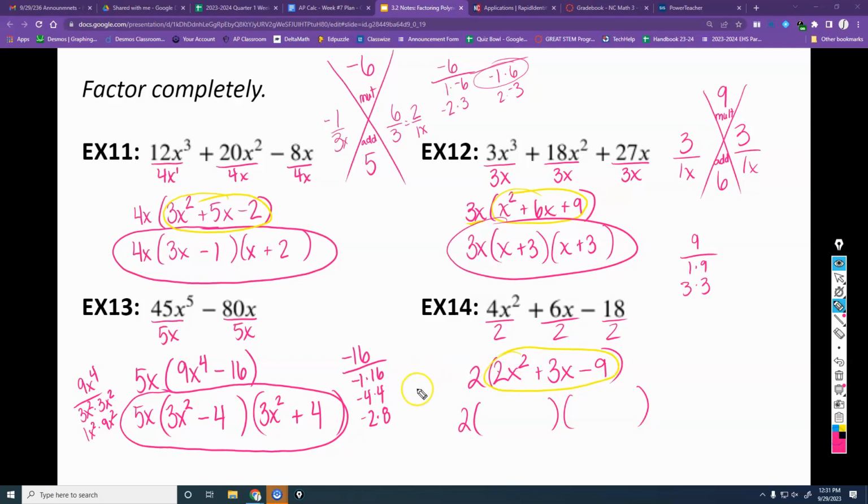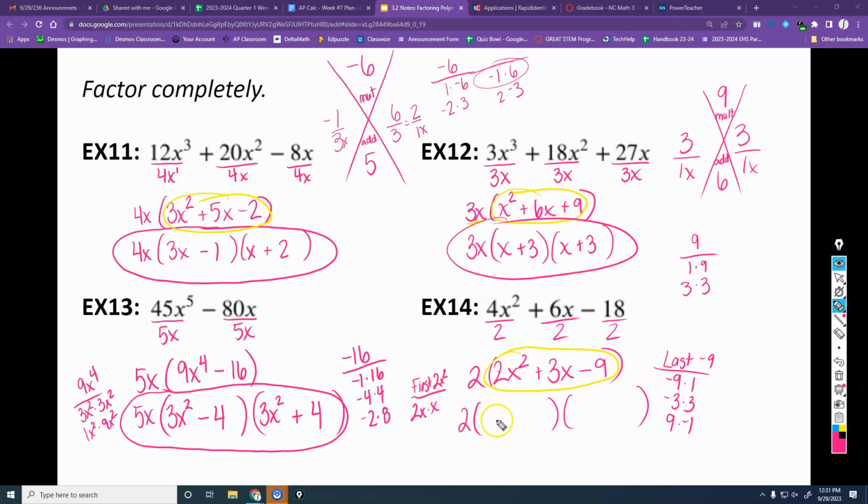My first term is 2x squared. That is 2x times x. My last term is negative 9. I could do negative 9 times 1. I could do negative 3 times 3. I could do positive 9 times negative 1.